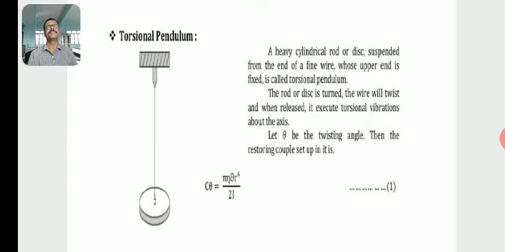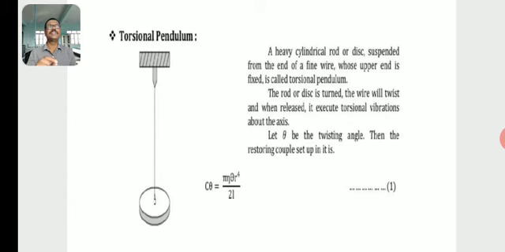The free end, the lower end, is attached to a heavy cylindrical rod or disc. So the disc or rod suspended with the help of a fine wire is called a torsional pendulum.